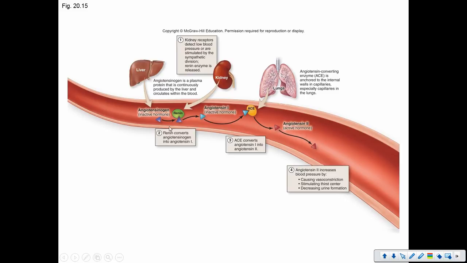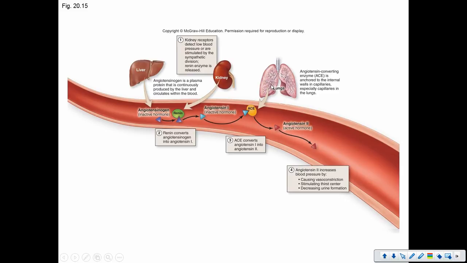Renin converts angiotensin into angiotensin 1. So angiotensin is the inactive hormone. Renin is the enzyme that will convert angiotensin to angiotensin 1. Then we have angiotensin converting enzyme, or ACE, that's found in the capillaries in the lungs.